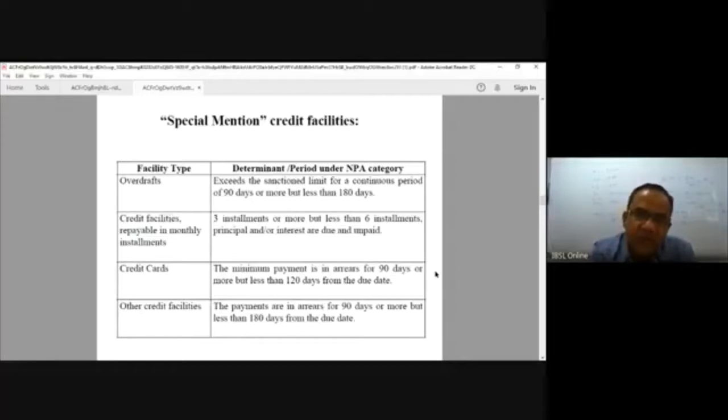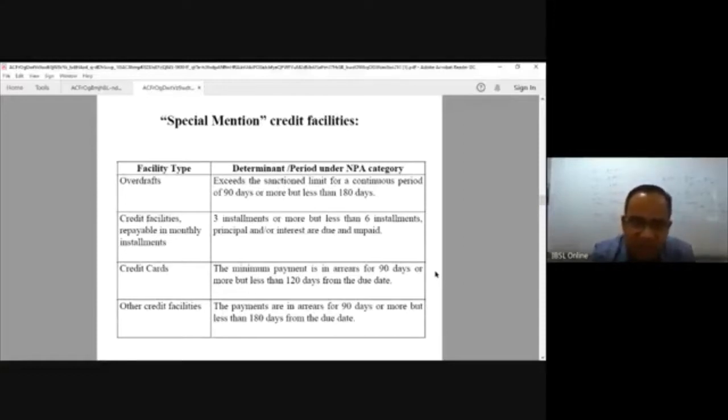So if the overdrafts remain in excess above the limit for about 90 days, but within 180 days, these are all called special mention accounts, SMA.